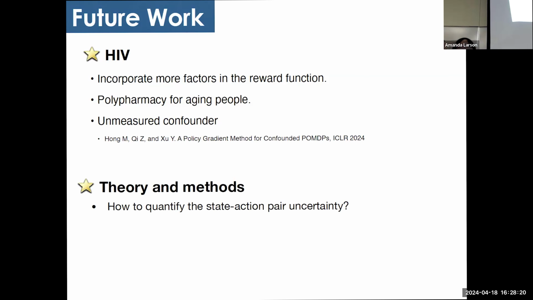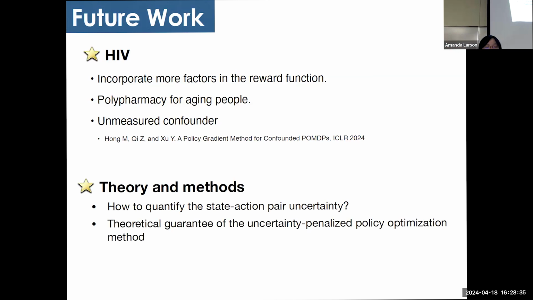If we have a model-based Bayesian model, we have ways to easily quantify it. However, if we want to make the algorithm faster, we have model-free methods, and there's no way to quantify the uncertainty. So we're trying to see if there's an efficient way to quantify the uncertainty, and whether there's a theoretical guarantee for this uncertainty-penalized policy optimization method.